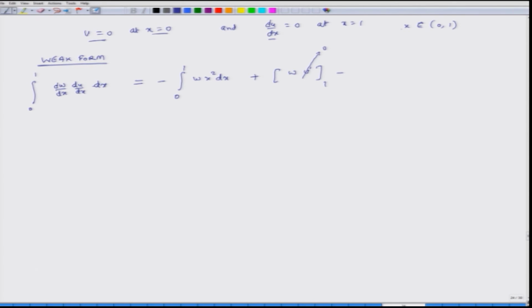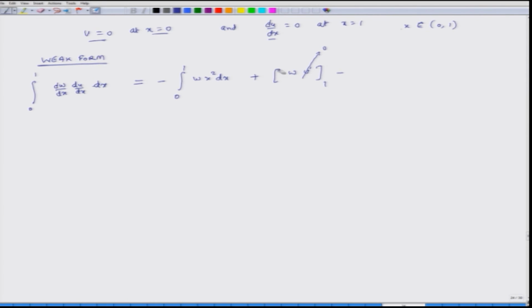If this part was some non-zero number, then we would have put that number here. Suppose this number was 2, slope was specified as 2, then we would have put the value 2 here. It is not that all the boundary condition terms always vanish, it just happens in this case. But in this case it is 0.